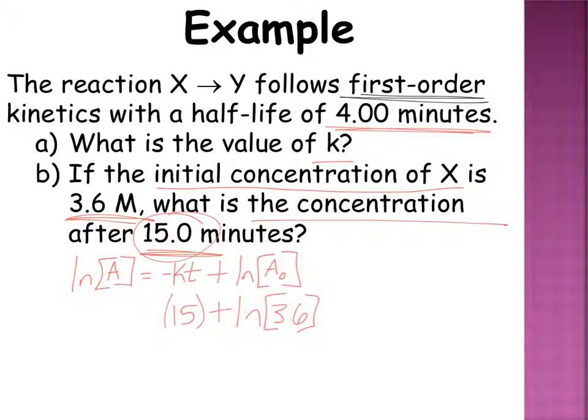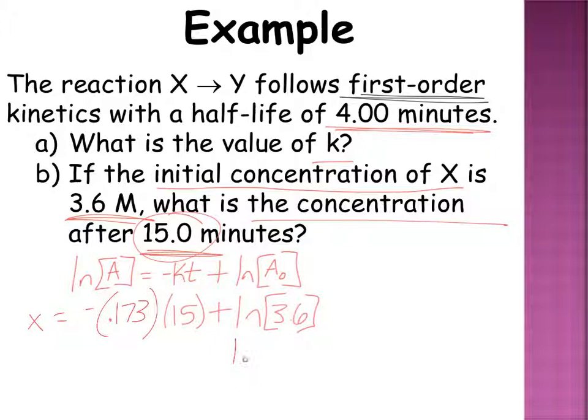So we're going to multiply those two things, with the negative 0.173. Then we set that equal to what we're trying to find, which is our concentration after so much time has passed. So now it's just an algebra game. Let's get this worked out real quick.